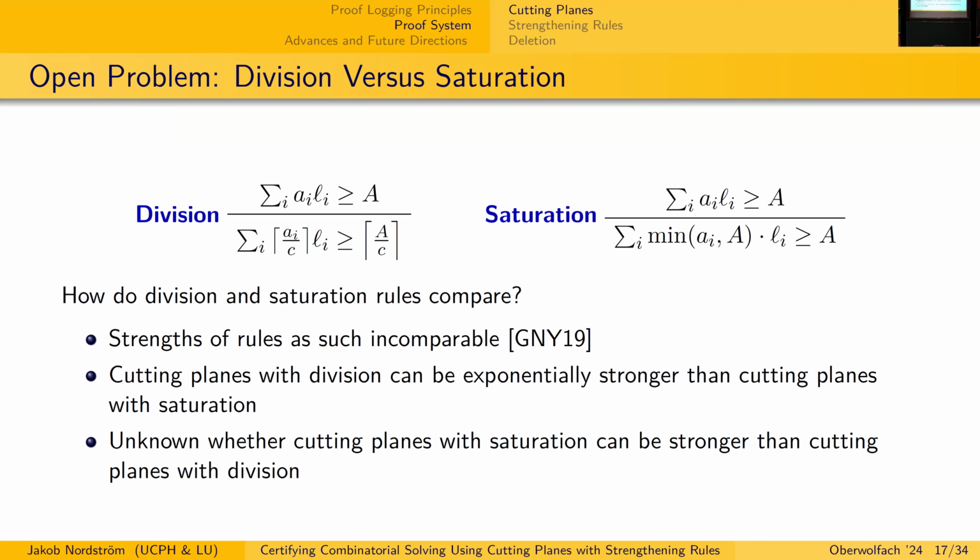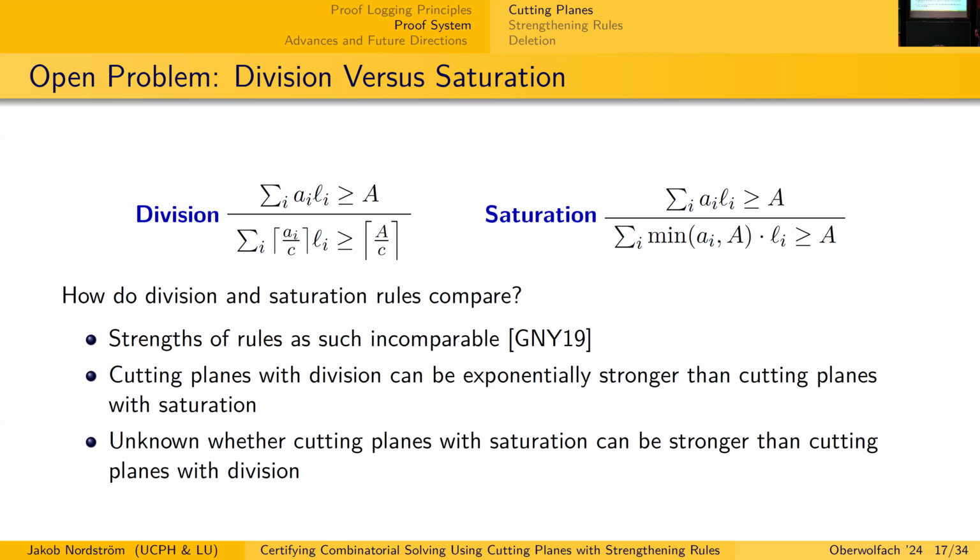But what we don't know, and what would be interesting: on the one hand, the two rules are clearly incomparable. But then you can ask, what about cutting planes with saturation versus cutting planes with division? We know that cutting planes with division can be exponentially stronger for a stupid reason: I give you the pigeonhole principle formula in CNF, and cutting planes with saturation will not be able to rewrite it to a 0-1 ILP.